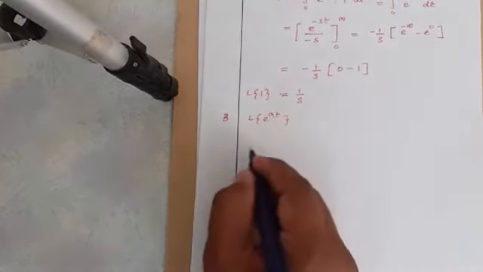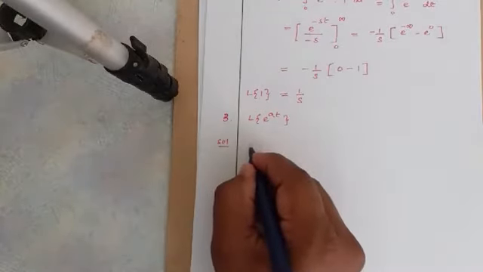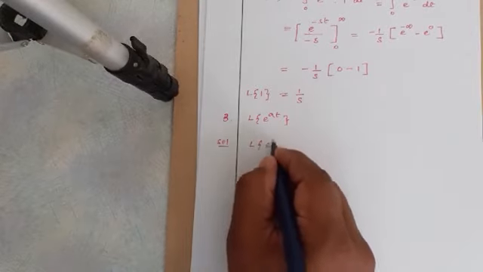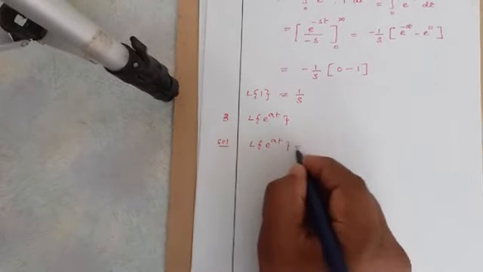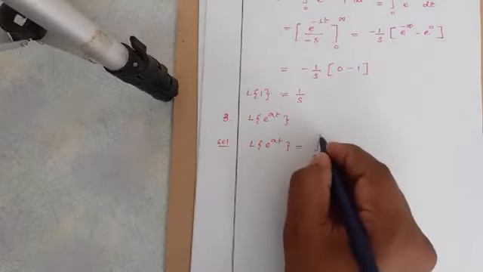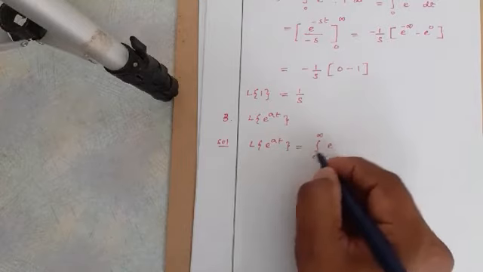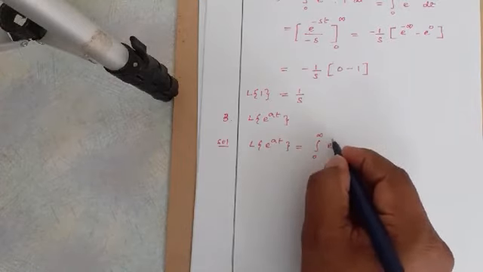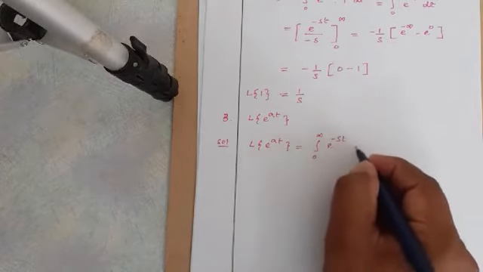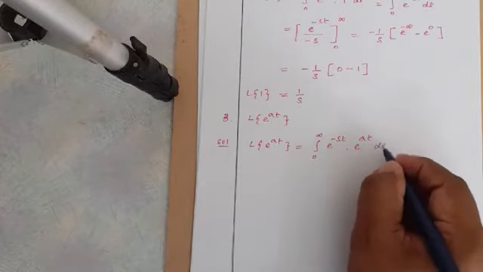So let us find Laplace of e power at. For finding that, again we take the definition of Laplace transform. So Laplace of f of t, e power at, is equal to, now I apply the definition, integral 0 to infinity e power minus st into f of t, which is nothing but e power at. So I write e power at into dt.